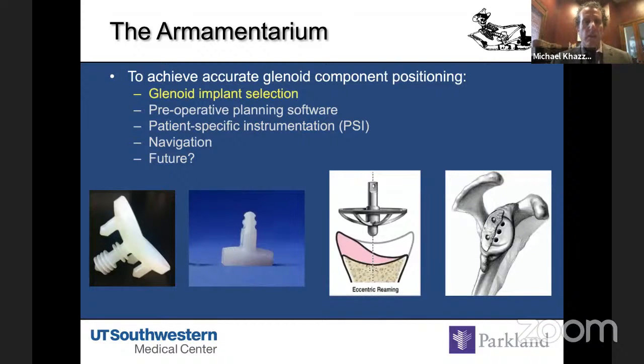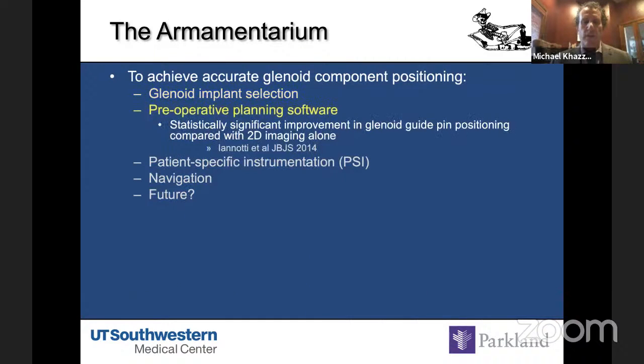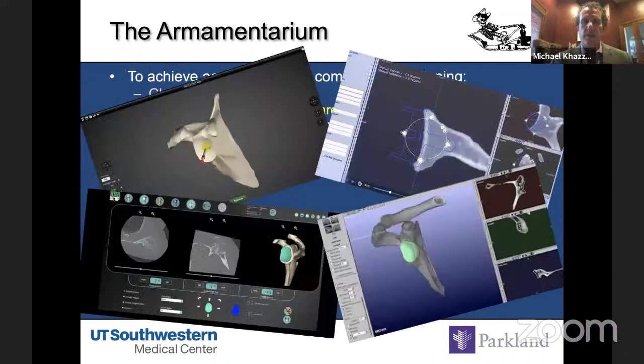So you can see correcting the version. Classically, it was taught for eccentric reaming, and then subsequently went on to bone grafting. This has been shown to not do very well, and then augmented polyethylene components, and then the reverse prosthesis. Then it went on to preoperative planning software for guide wire placement. There are multiple companies that provide preoperative planning software to assess all of these characteristics we've been discussing.